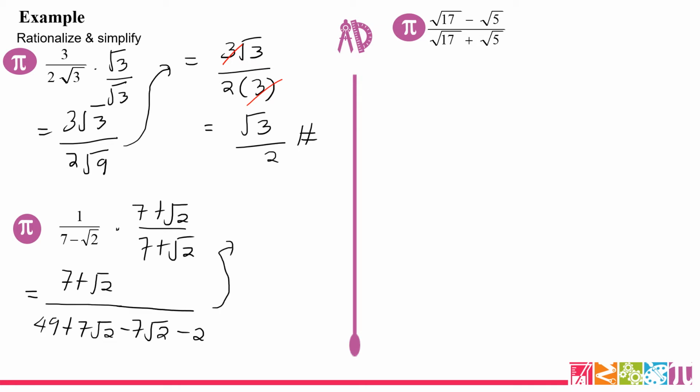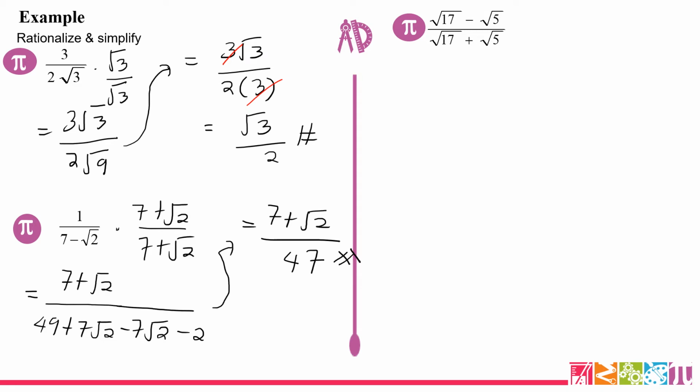After that, you can simplify. 49 minus 2 is 47. 7 root 2 minus 7 root 2 is 0. Now, this is the simplest answer we can have.